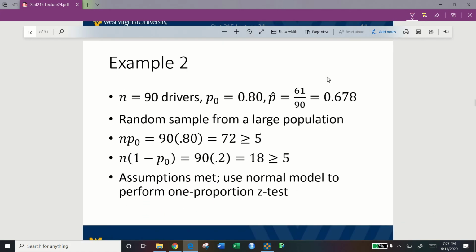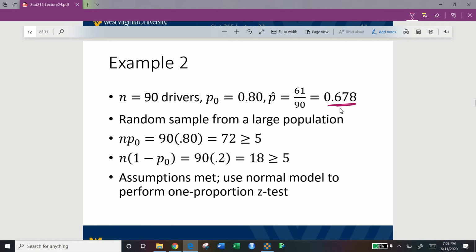To check our assumptions, we have n equal to 90 drivers, which means we have a large random sample from a large population. P naught is going to be 0.80, and p hat is going to equal 61 over 90. If we simplify this, it's going to be 0.678.